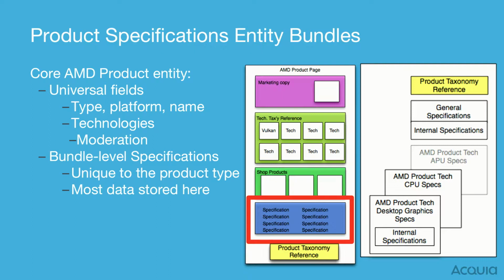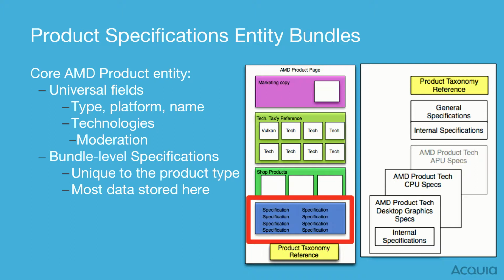The way these were designed is we have a single core entity that has some of the common fields, things like the product type, the platform, the name. They all have a technologies field, so you can tag them with technologies, and they all have moderation.